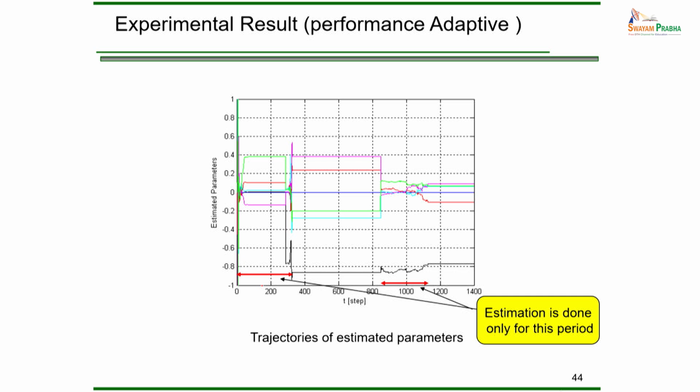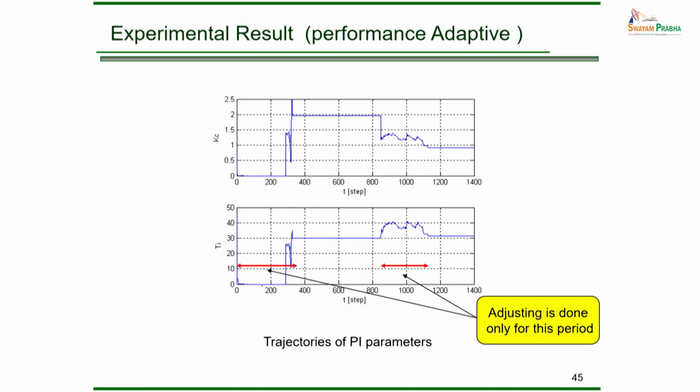Otherwise, the estimated parameters are more or less constant. We update the gains with the newly estimated parameters, and we see quite a bit of change in the proportional gain and also in the integral time constant. So adjusting is only done for these two periods shown by the red arrows.